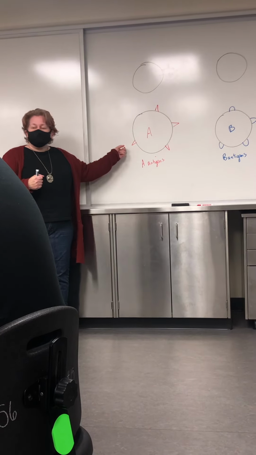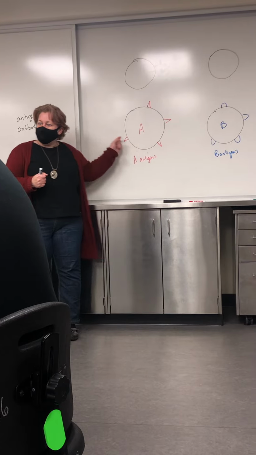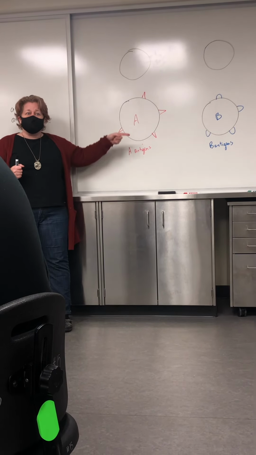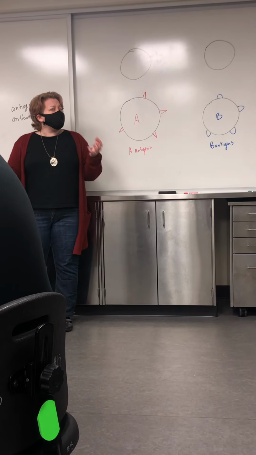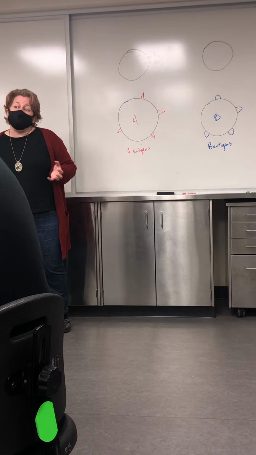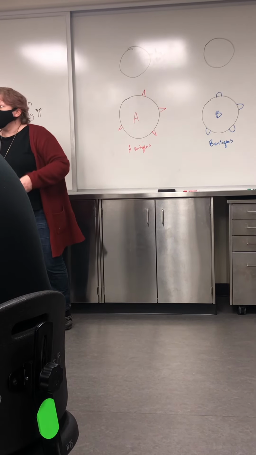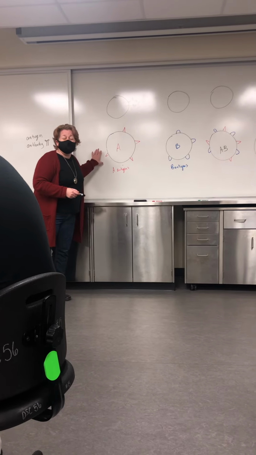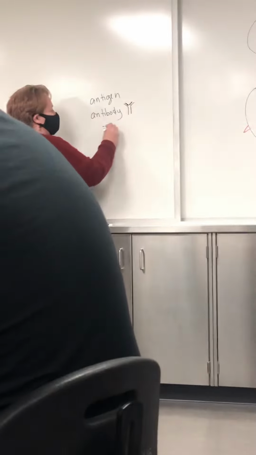So if you have type A antigens, if you're this person, and all of your red blood cells have little pointy things on the outside, will you develop anti-A antibodies? You will not. You can't. There's no way you can. You would be agglutinating your blood. So the next term that we'll come across is agglutination.